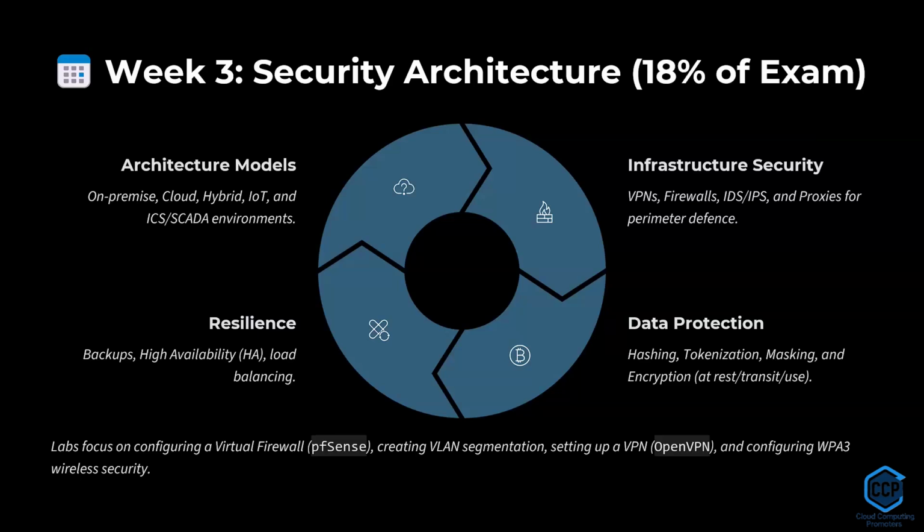Here we'll be discussing what is tier 1 architecture, tier 2 architecture, what is VPN, what is firewall, what is intrusion detection system and prevention system, how proxies work, what is hybrid, what is cloud, why they are having hybrid, why there is only on-premises data centers in organizations. We'll be having knowledge on this, and why backups are important, what is high availability, what is load balancing. We'll be discussing that.